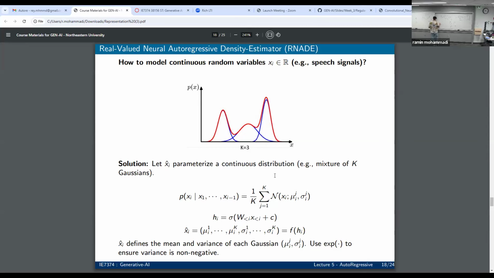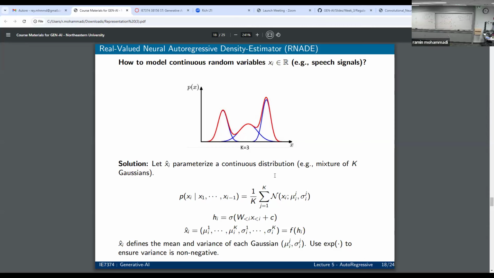Let's say you have something like this, and you know that this is a mixture of K Gaussians, K univariate Gaussians. Whatever the H vector is, we want to pass that to a function, and we want that function to give us K means and K standard deviations. That function is supposed to give us the mean for all K Gaussians and the standard deviation for those K Gaussians.